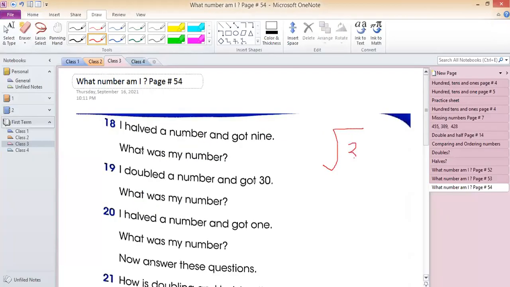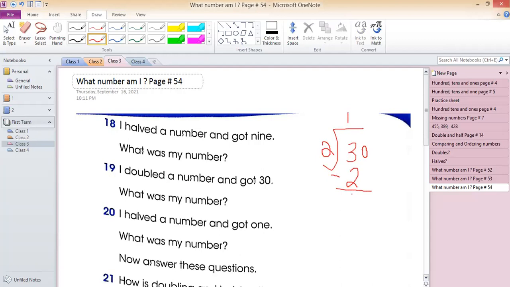Do rough work in your notebook. Write 30 inside, 2 outside. Do the division. What multiplied by 2 will give you 3 or less than 3? 1. 2 by 1 gives you 2. Subtract, and we have one more.